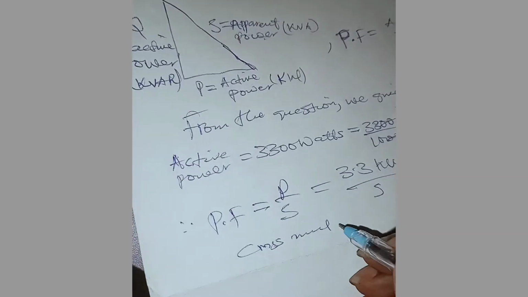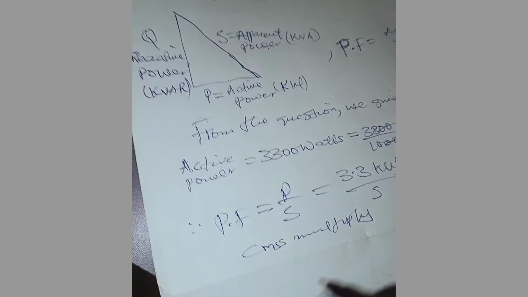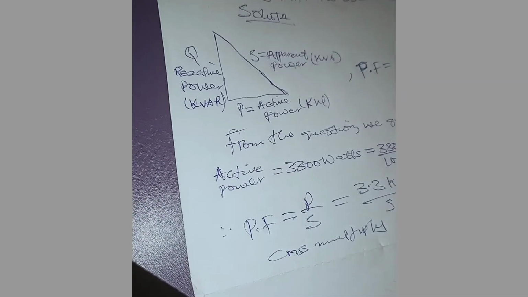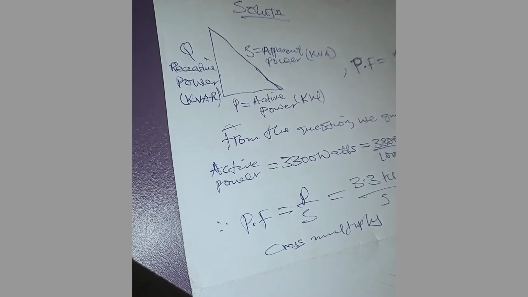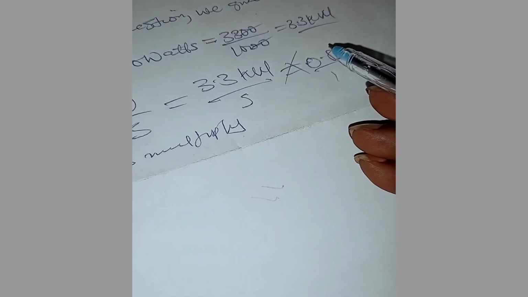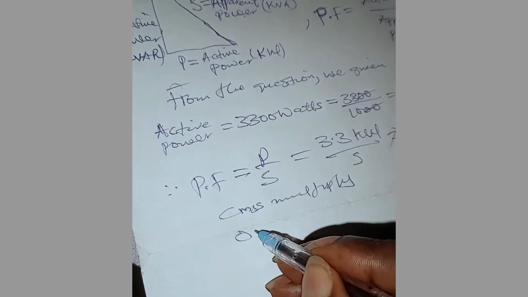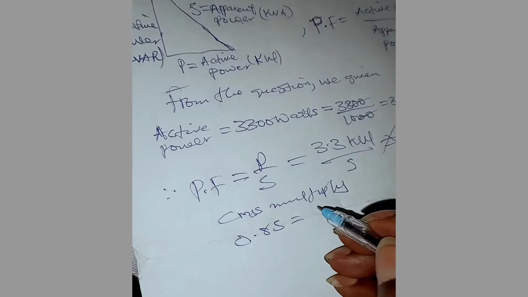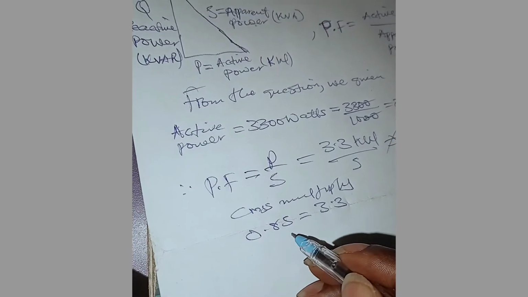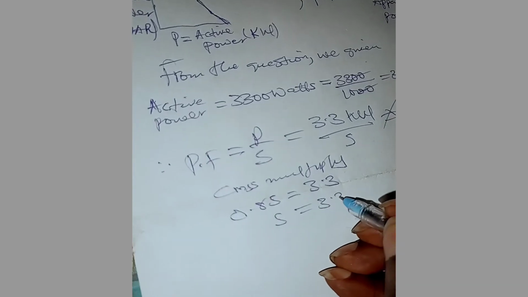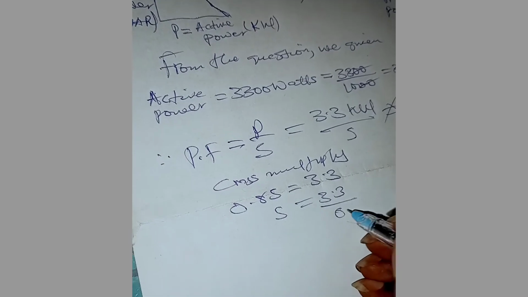Then you are going to have this over 1. When you cross multiply, that will give you 0.8x is equal to 3.3 times 1, that will give you 3.3. So you divide both sides by 0.8. That's going to give you 3.3 divided by 0.8.